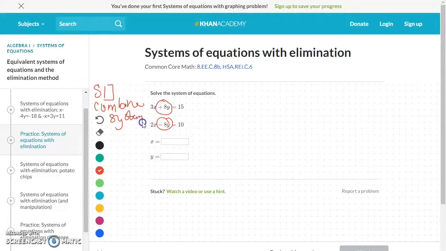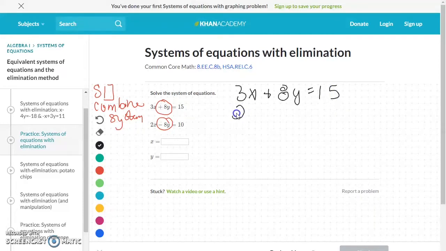So when you think about the word elimination, solving a system by elimination means to combine or transform those equations into one simple equation that eliminates one variable. For example, you have 3x plus 8y equals 15, and you're going to combine that with 2x minus 8y equals 10.